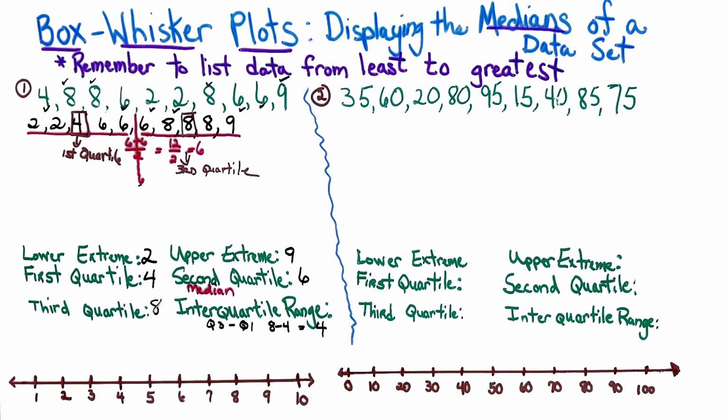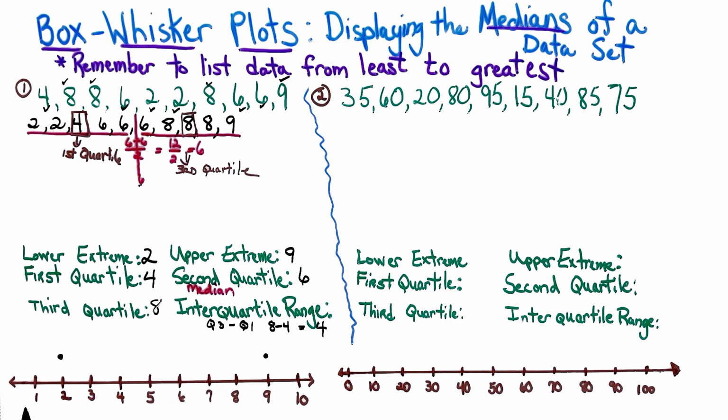So now let's see, how do we go about graphing this? We're going to start with our lower extreme, and I'm going to put a dot where the 2 is. I'm going to go to my upper extreme, my 9, and put a dot where my 9 is.